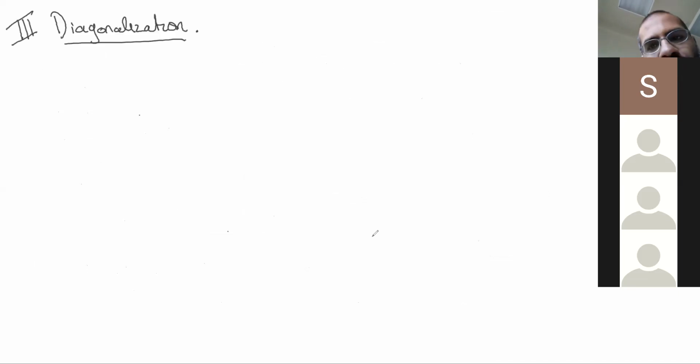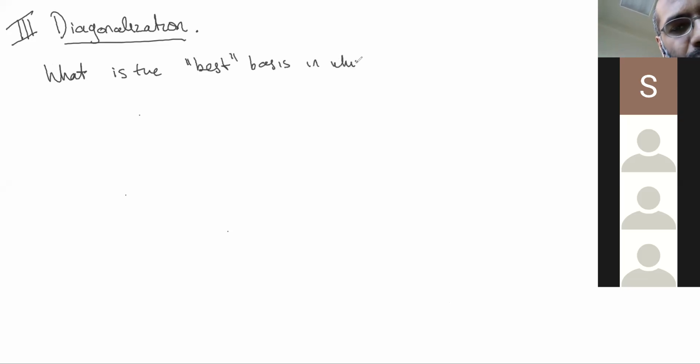Okay, so now we get to diagonalization, which is why we are doing all of this. Well, the reason is, remember a few lectures ago, we asked, you can write a matrix in many different bases, what is the best basis in which to write the matrix of a linear transformation?